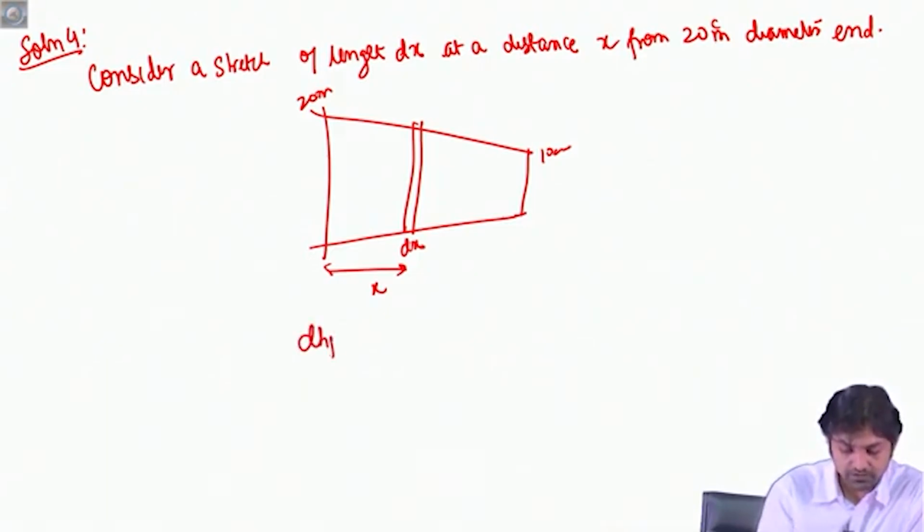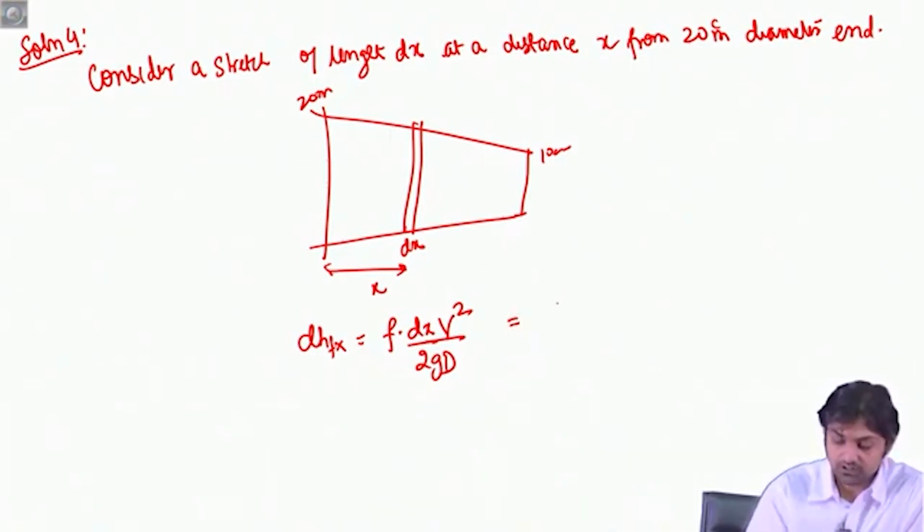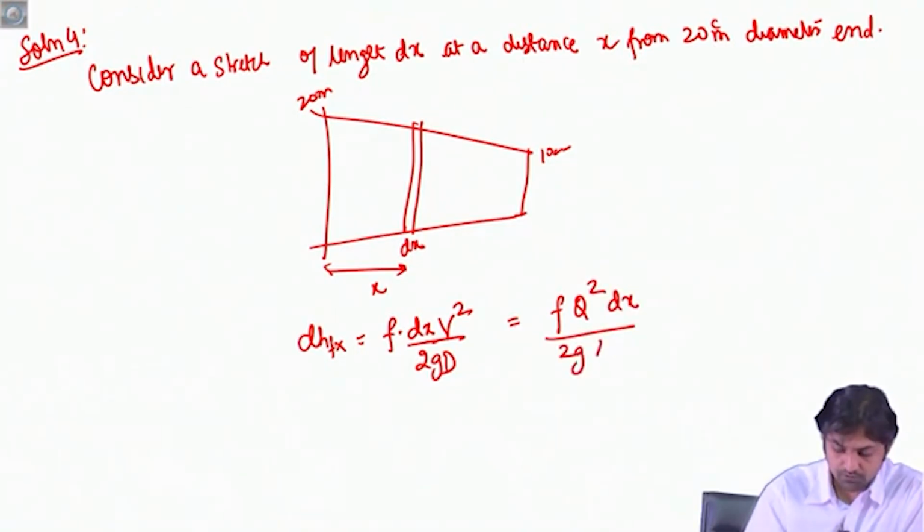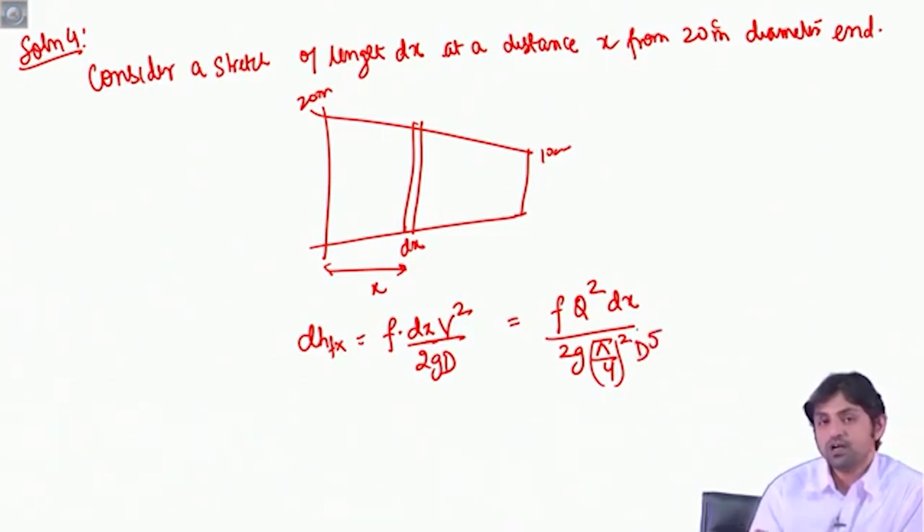All right. So, dHf over dx will be f L, so L is dx, by, so V square by 2 g D. If we write in terms of Q, we can write friction factor F Q square dx divided by 2g into pi by 4 whole square into D to the power 5, because V square will be Q square by A square and A is D to the power 4.